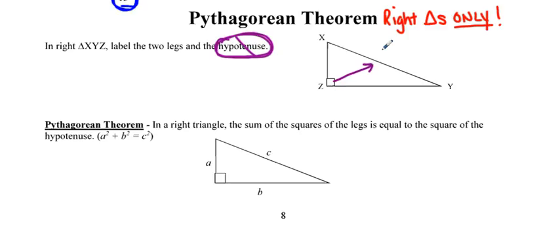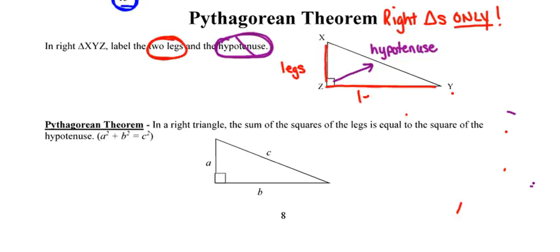The hypotenuse will lie opposite or across, making side XY the hypotenuse. The legs of a right triangle are always the two that come together to form the right angle. So side XZ and side ZY together form the right angle in this triangle, and they are therefore the two legs.